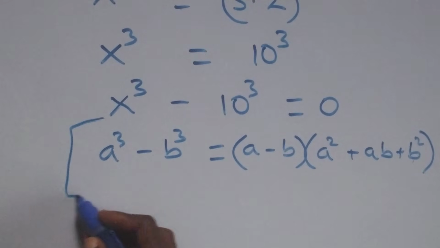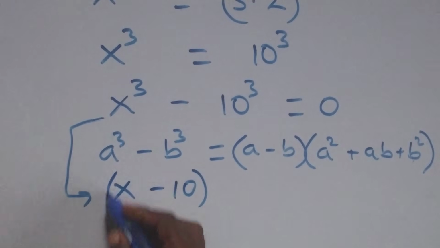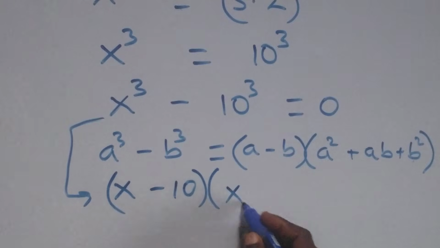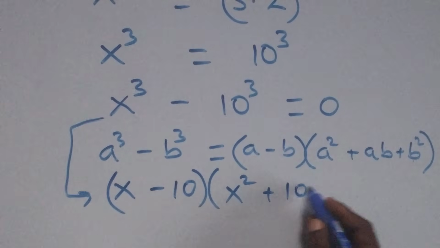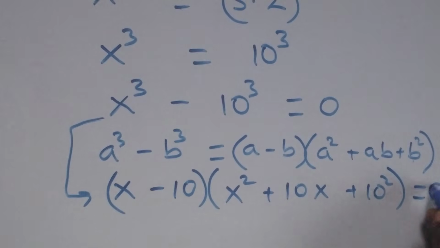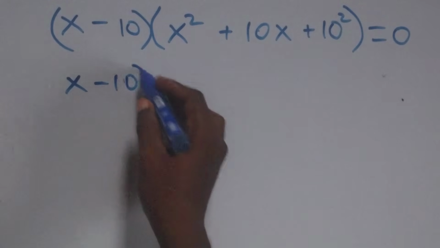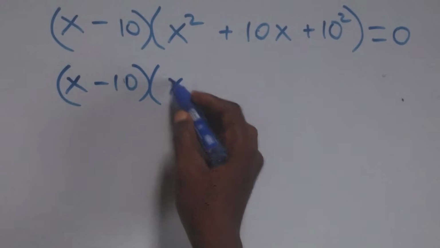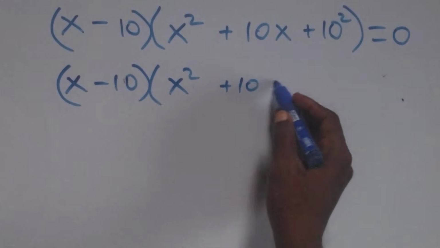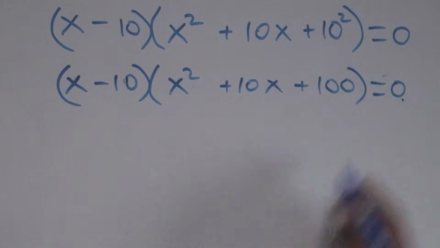You can write this as (x minus 10) into brackets, x square plus 10x plus 10 square, close brackets, equals 0. This is the same thing as (x minus 10) into brackets, x square plus 10x plus 100, equals 0. Then we have two cases here.